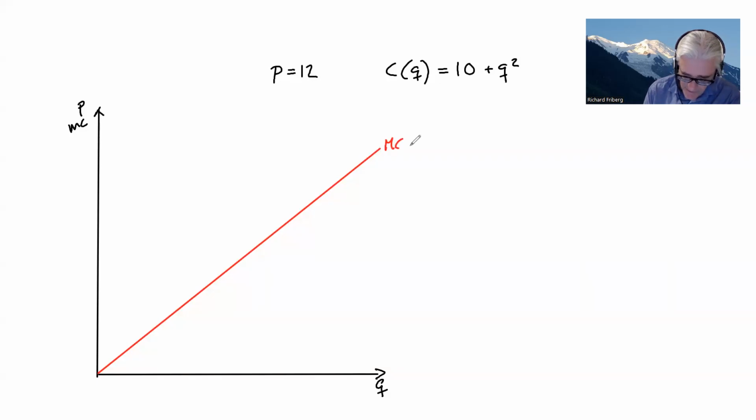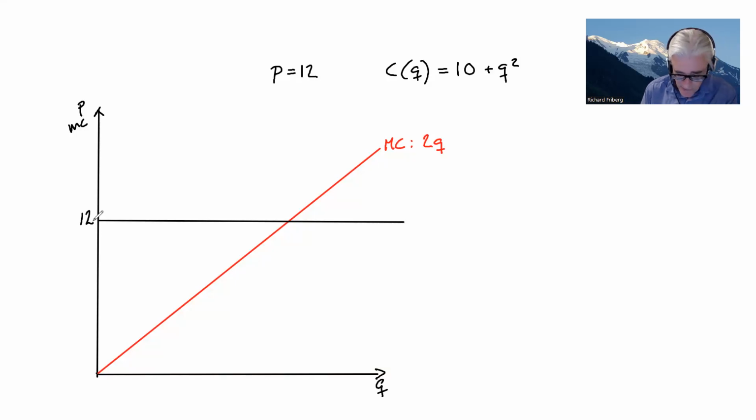So marginal cost is 2Q, so increasing marginal costs. And then we had a price of 12 here, and we said that the profit maximizing quantity was equal to 6 in that case.